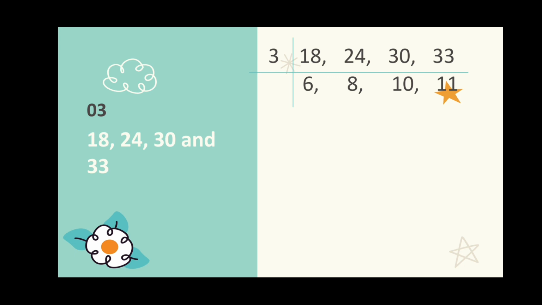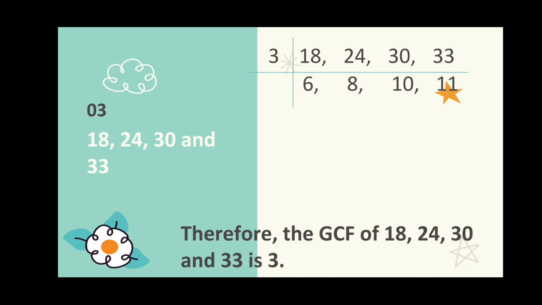Okay, so do you think meron pa bang ibang common factor ang 6, 8, 10, and 11 except 1? Wala na. So same case lang kanina dun sa number 2, since 3 lang ang ating nakuhang common factor, therefore, the GCF of 18, 24, 30, and 33 is 3.